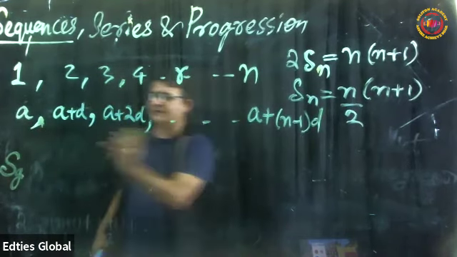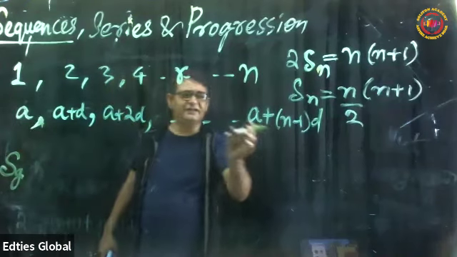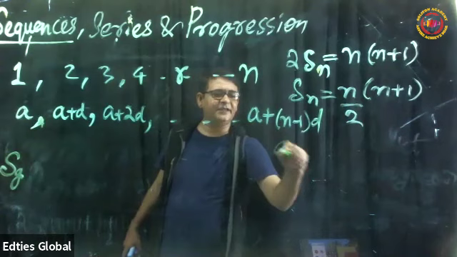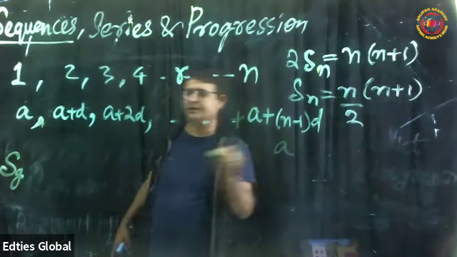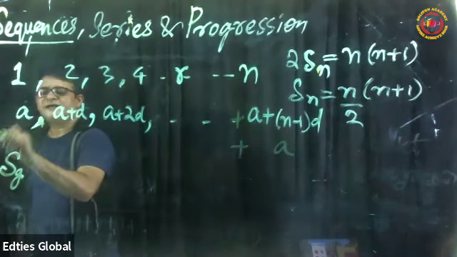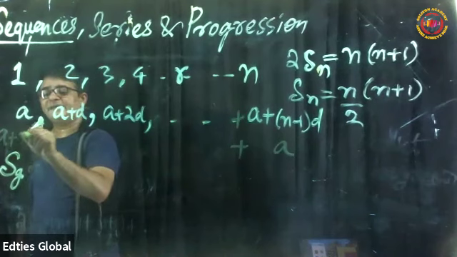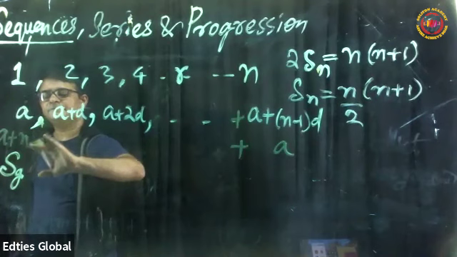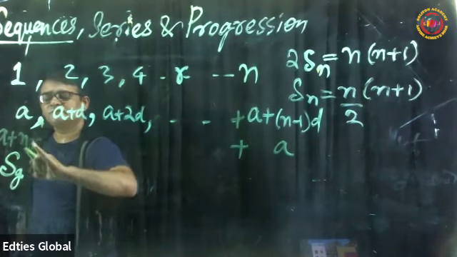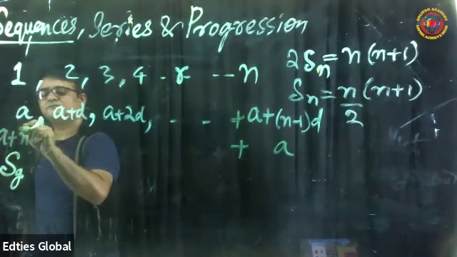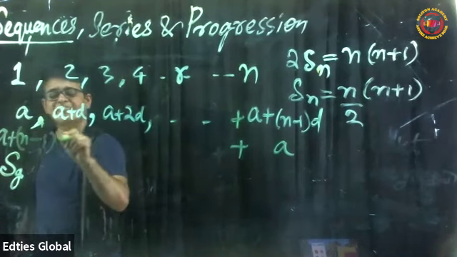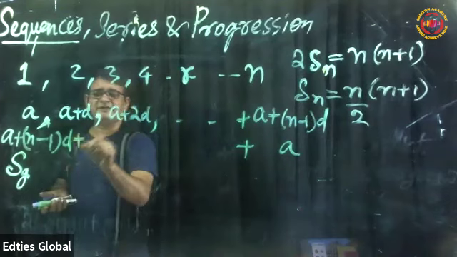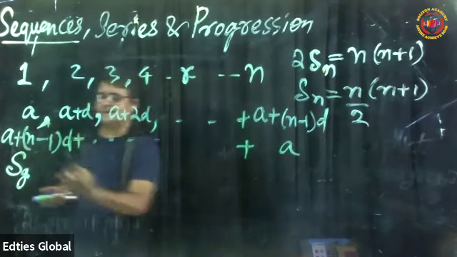So the last term I'm going to put here, then the second last, and the last term here will be a. So I'm going to do the same business, a plus n minus 1 into d. If I do the same business, you know what is going to happen.